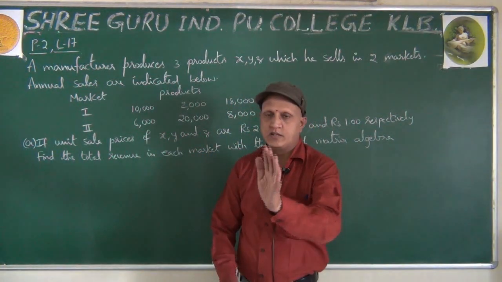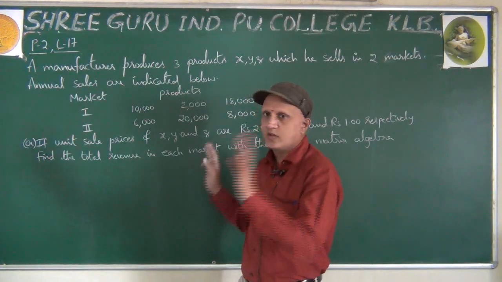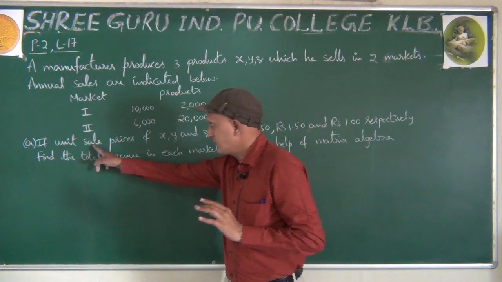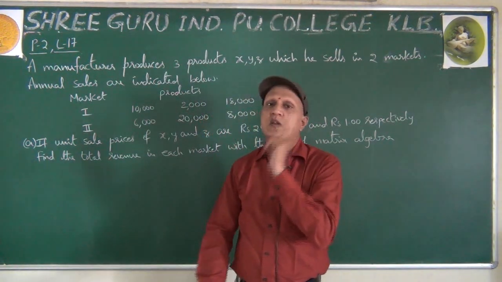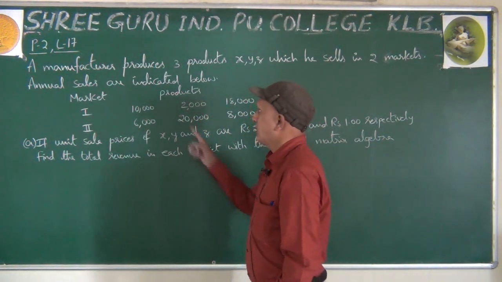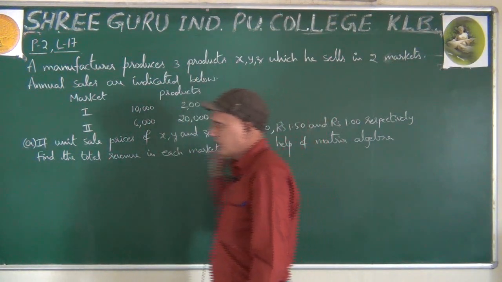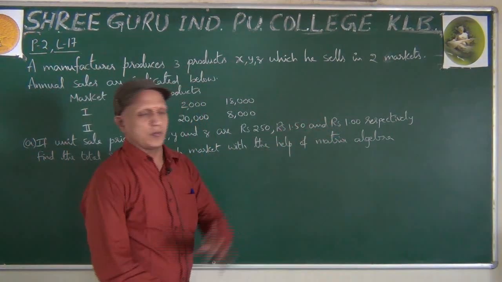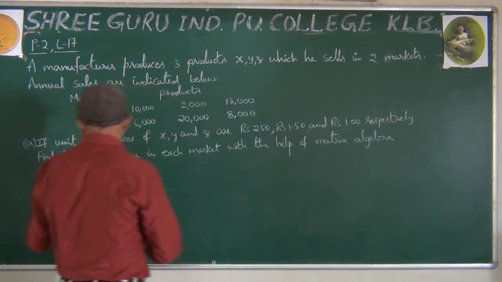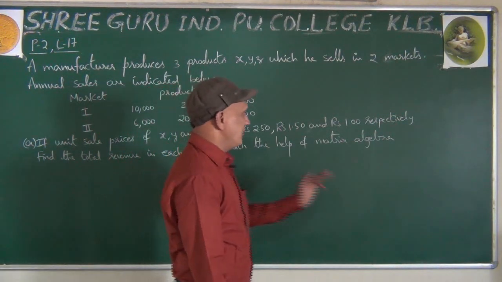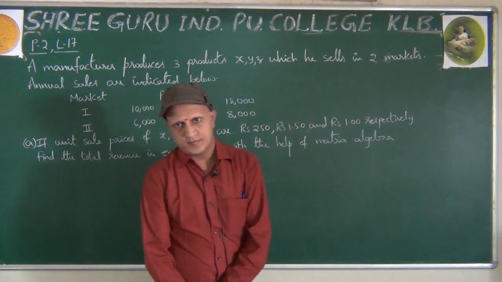Unit sale price means each one costs. So X costs 2 rupees 50 paise, Y costs 1 rupee 50 paise, Z costs 1 rupee respectively. Find the total revenue in each market with the help of matrix algebra.